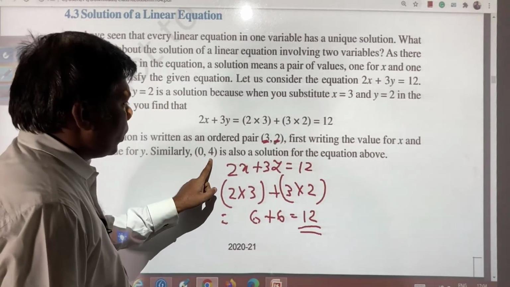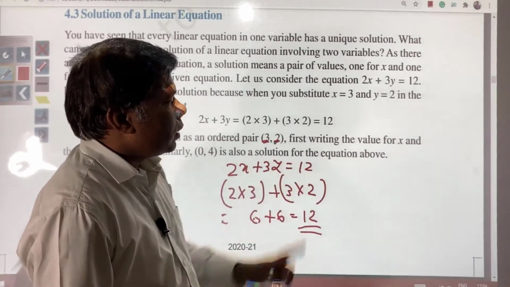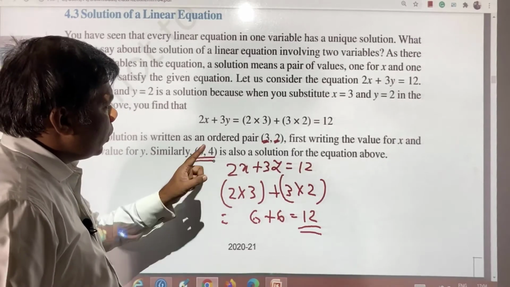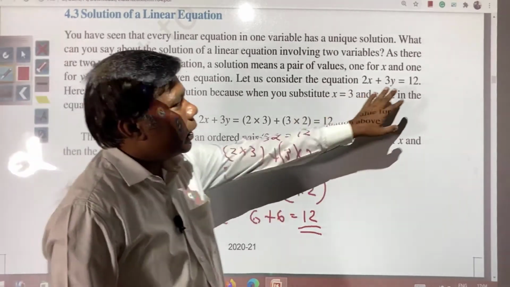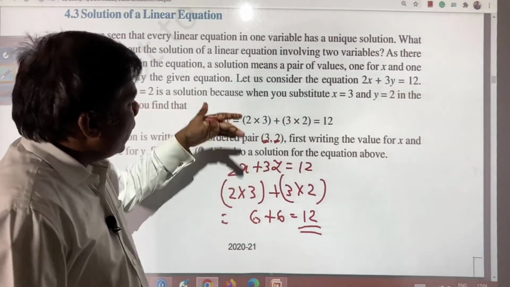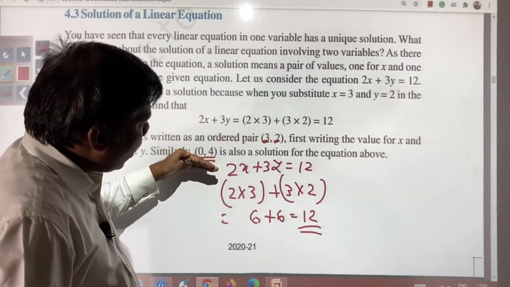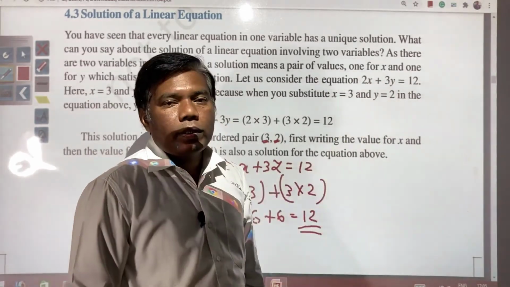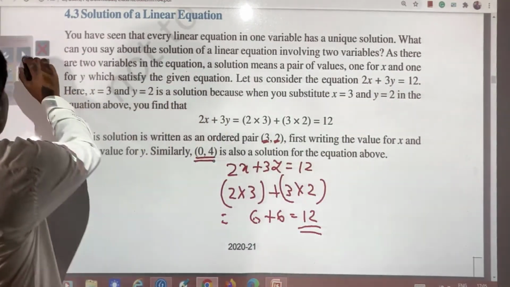Similarly (0, 4) is also a solution for the equation above. Again, if you are putting x = 0 and y = 4, you will get 12. So (0, 4) is also a solution of the given equation 2x + 3y = 12.